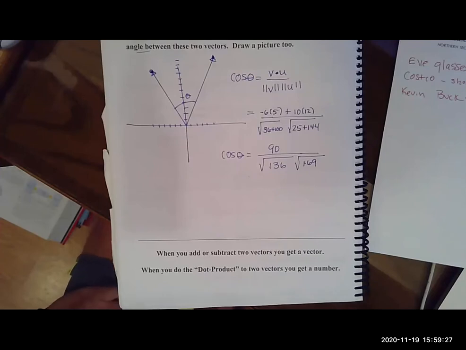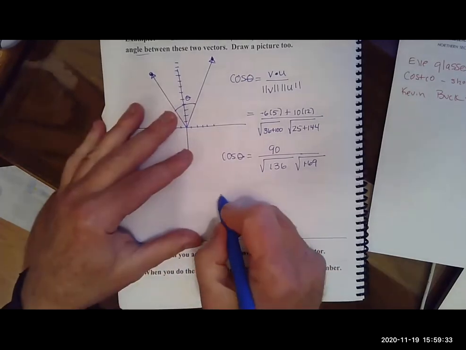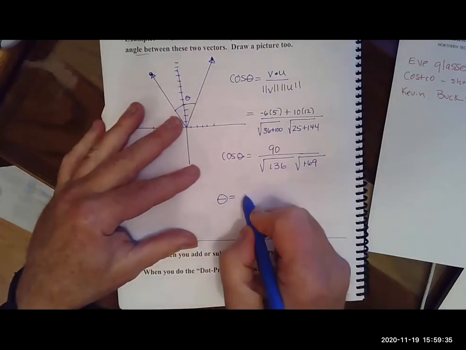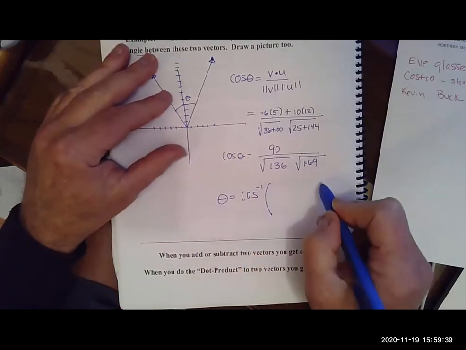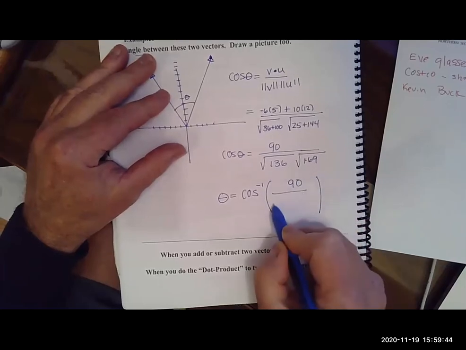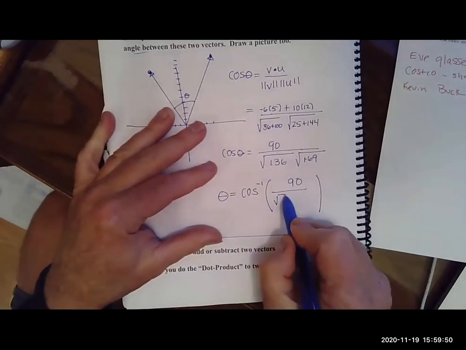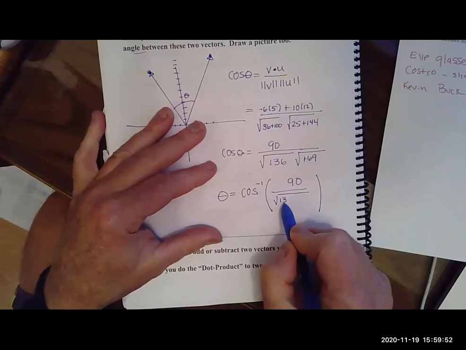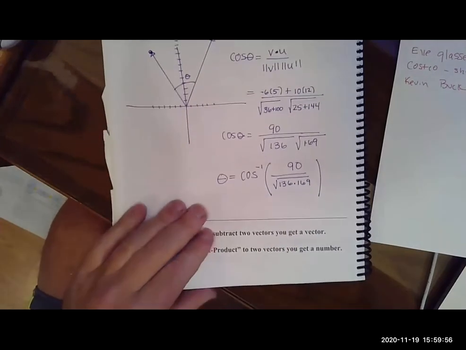The point is taking the cosine inverse. Yes, that's 13. I get that. You could make it 13. I'm just going to go theta equals cos inverse. What you could do is take the product of those, because that's true. You could go square root of 136 times 169, because that's true.